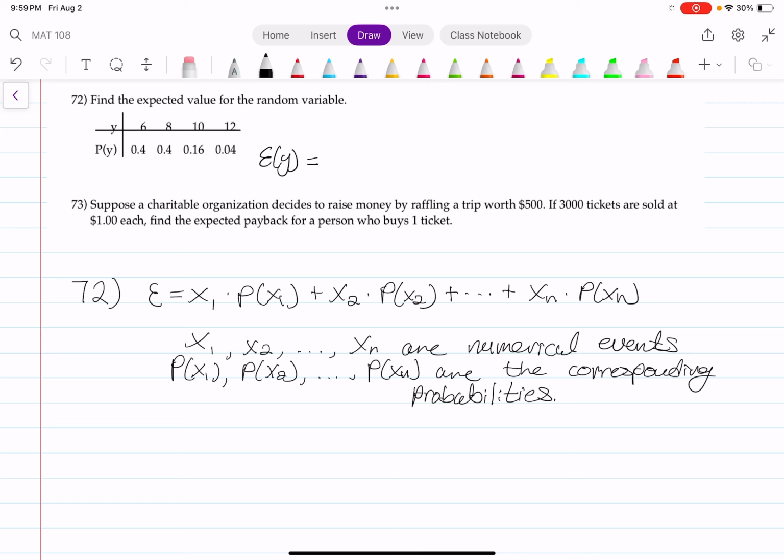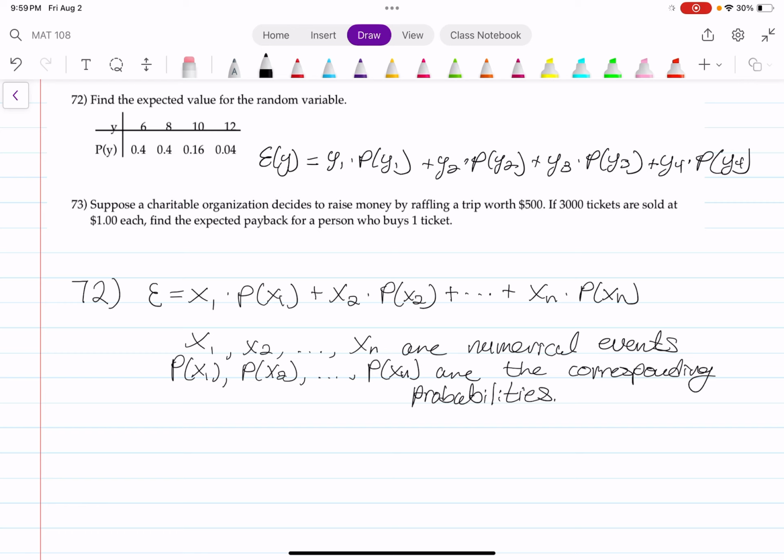This is going to equal the y values times the probability of getting those y values. So y1 times the probability of y1, plus y2 times the probability of y2, plus y sub 3 times the probability of y sub 3, plus y sub 4 times its probability.